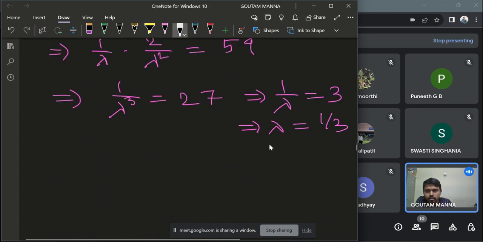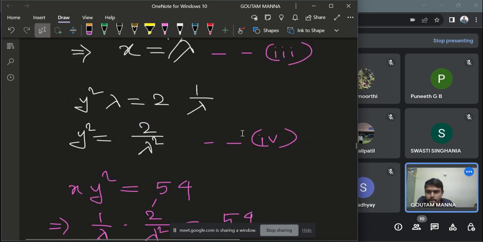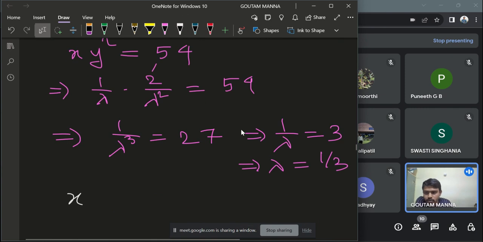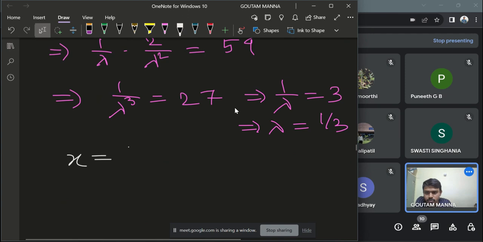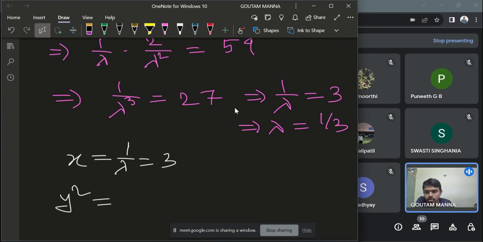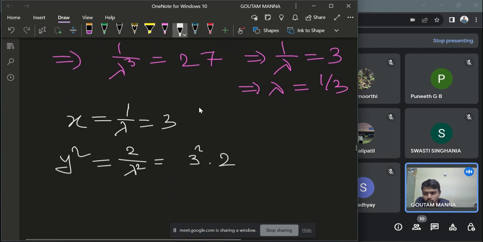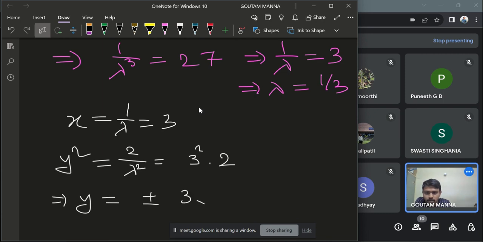So x equals 1 by lambda means x equals 3, and y square equals 2 by lambda square, which means 3 square times 2, then y will be plus minus 3.